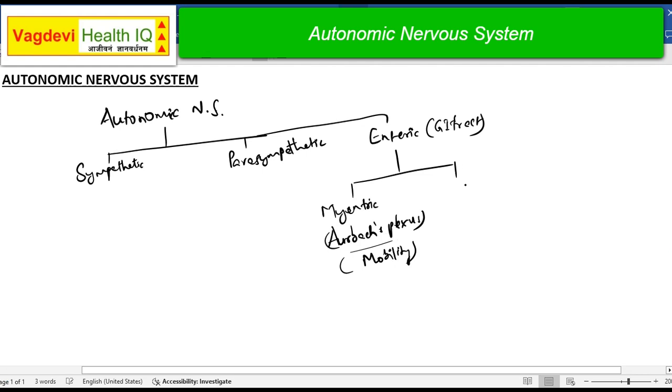And then another plexus, what is it? Anybody? Submucosal, okay, basically that is Meissner's plexus. So submucosal is for what? Secretion. So you'll remember S for secretion, S for submucosal, and in the same way M for myenteric and M for motility. So this is how the normal division is.